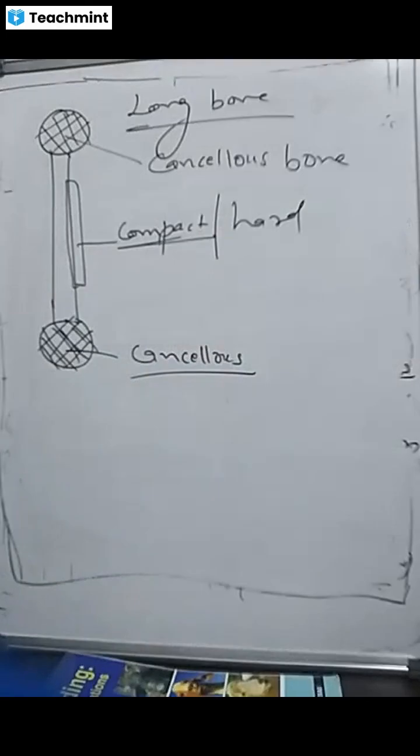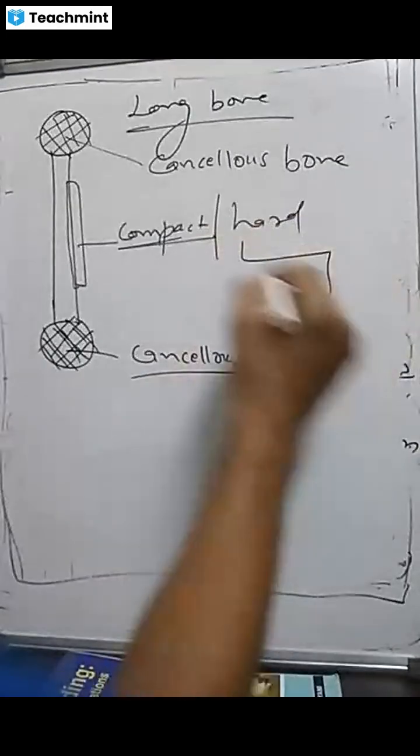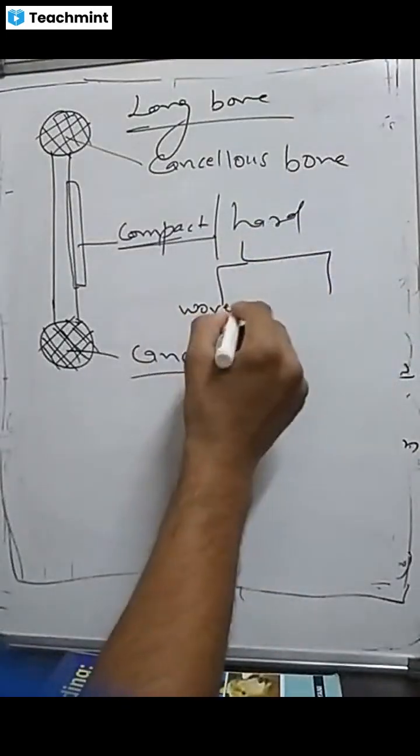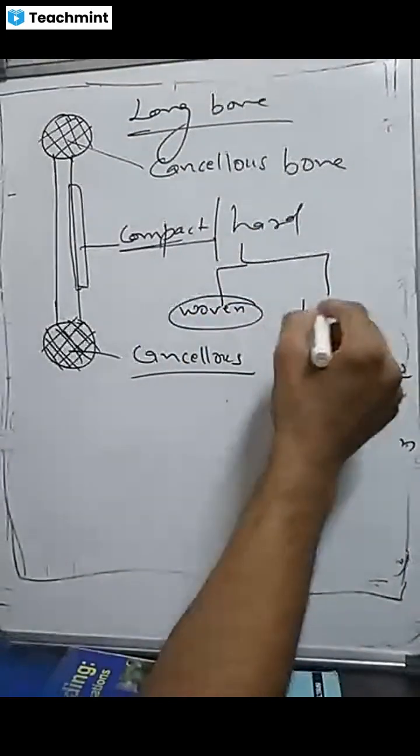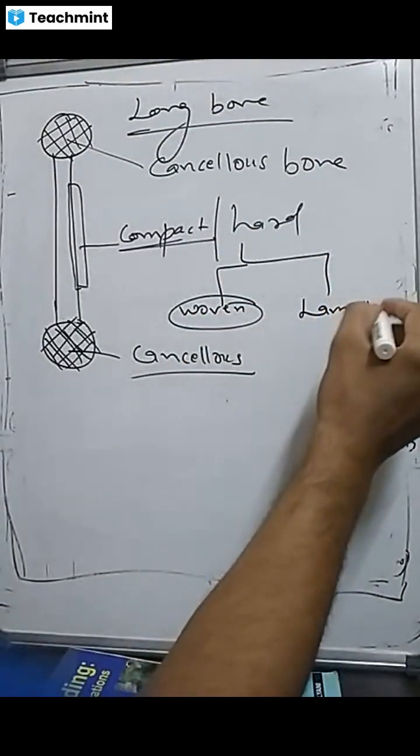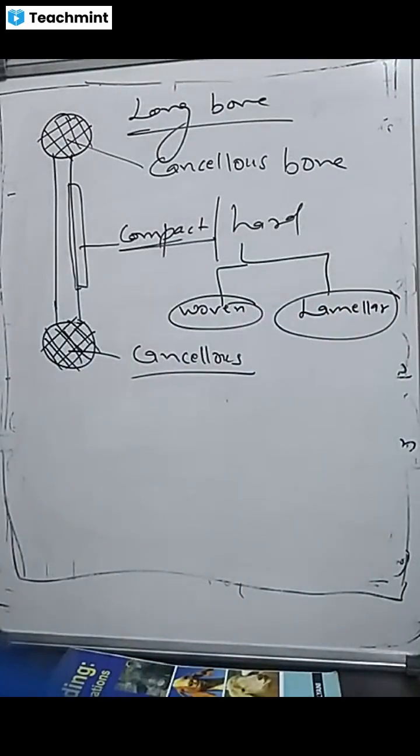There are two further types: one is woven bone and one is the lamellar bone.